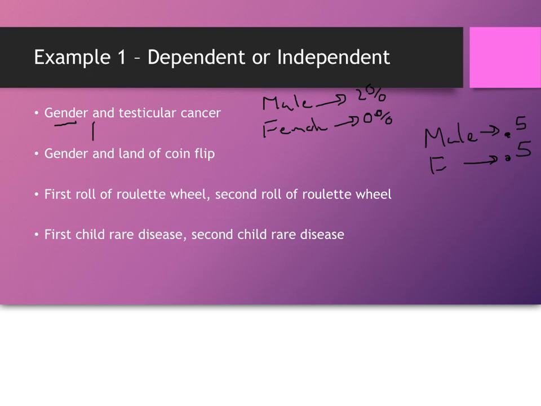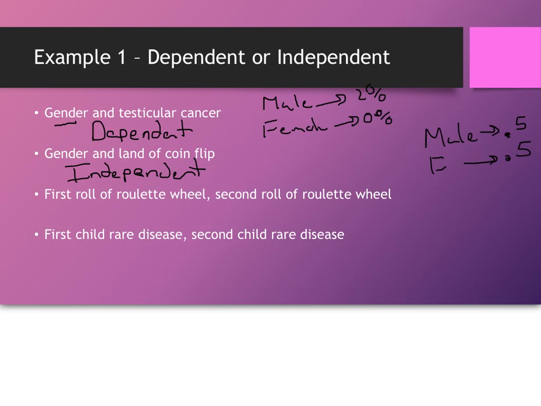So gender and testicular cancer, those are dependent. Gender and the flip of a coin are independent. Okay?